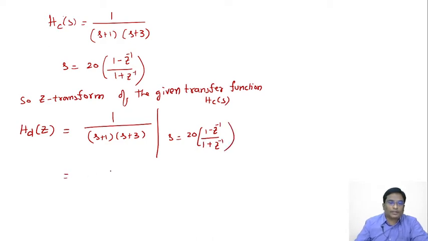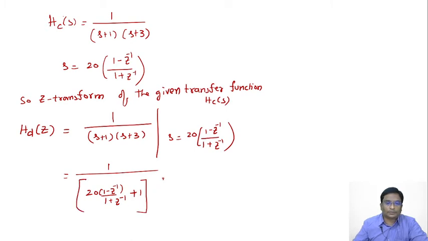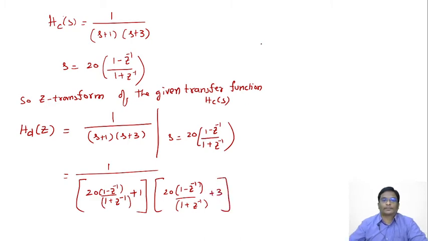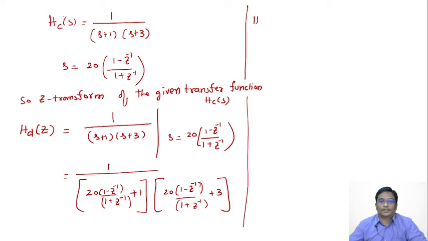Or this is 1 by [20 into (1 minus Z inverse) divided by (1 plus Z inverse) plus 1], into [20 into (1 minus Z inverse) divided by (1 plus Z inverse) plus 3]. Therefore, what is this HD of Z?